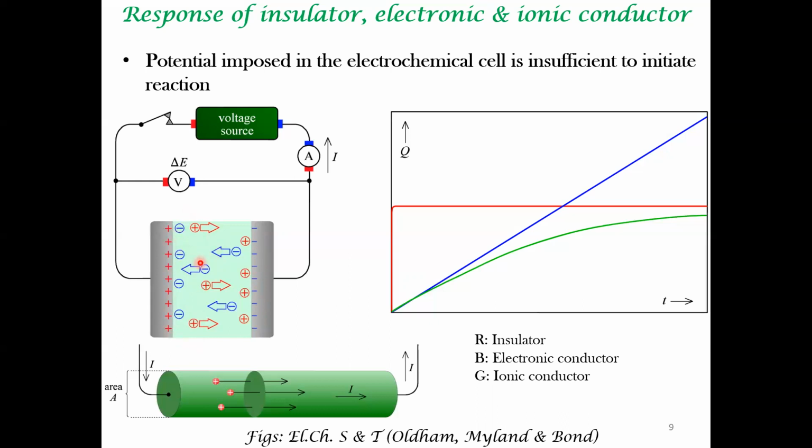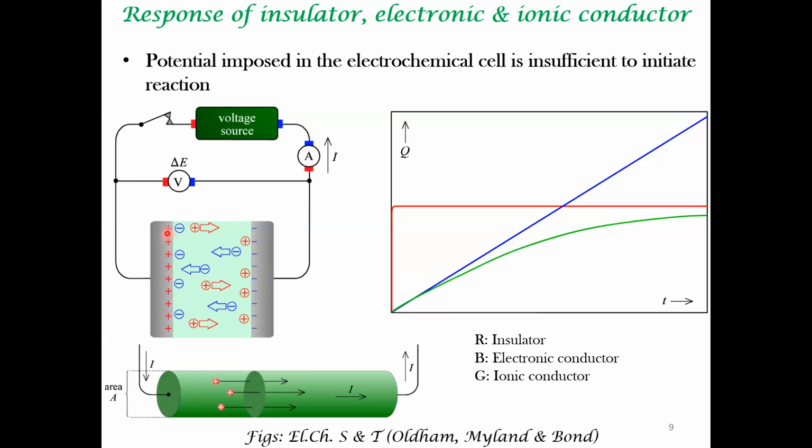We will address why there is an exponential decay using what is called the Debye-Huckel theory. This Debye-Huckel theory provides us with a quantitative way of representing the structure of what is called the double layer. Why do you call it a double layer?